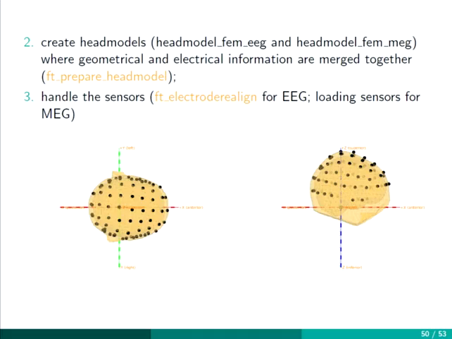So for EEG, we should use ft_electroderealign. It could be that the electrode positions are not co-registered with our head model, so we have to make sure that they live in the same space. And we will do that. While for the MEG, the sensors are already in the native space, because indeed we are co-registering everything in the CTF space, which is the native space of our MEG data.